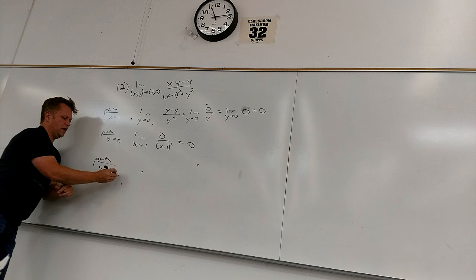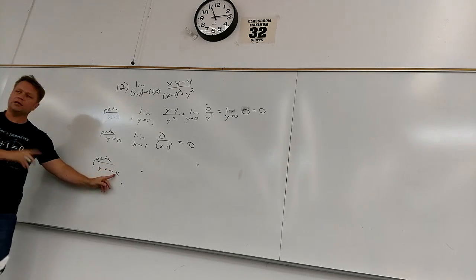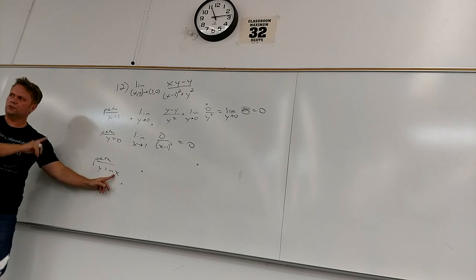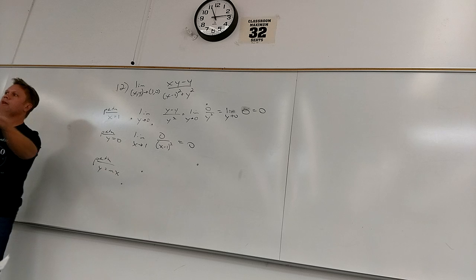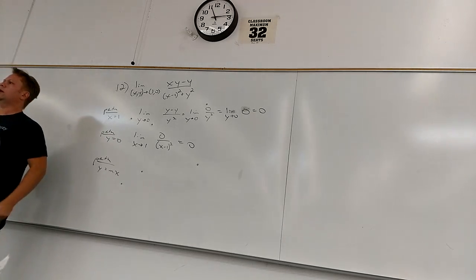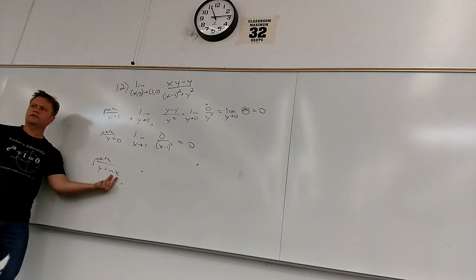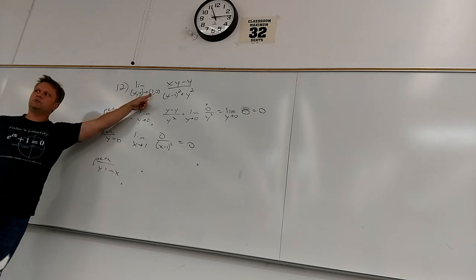Because if it's mx, think about it: when x is 1, y would be m. That's no good. But right there, you don't have to do all the weird algebra. When x is 1, that currently says y is m. What's y supposed to be? 0.